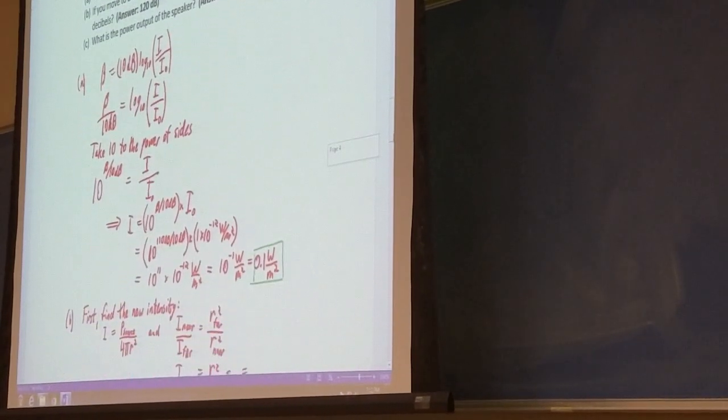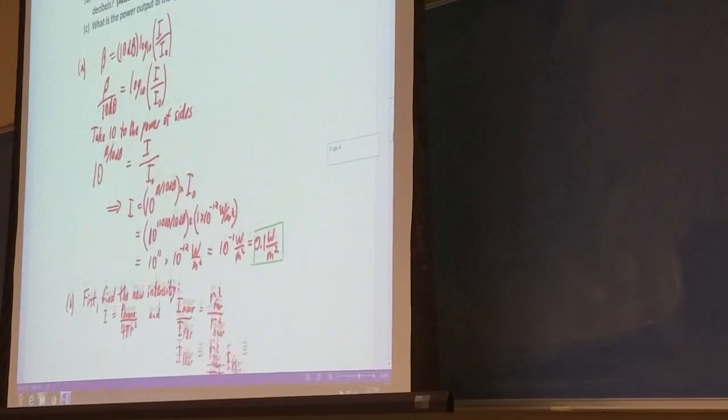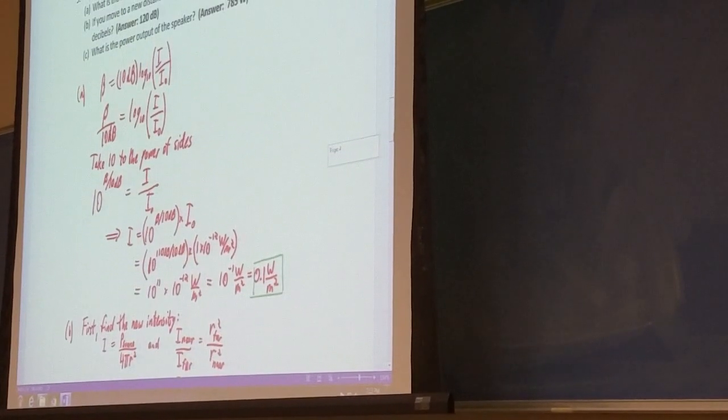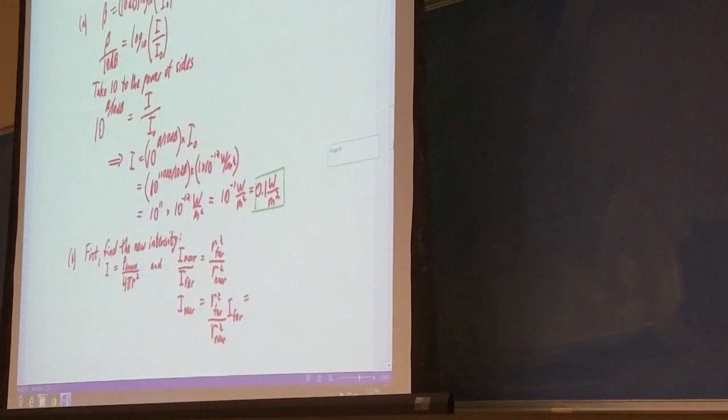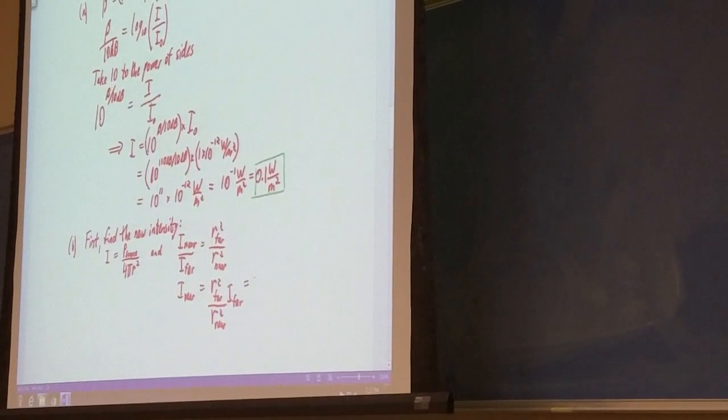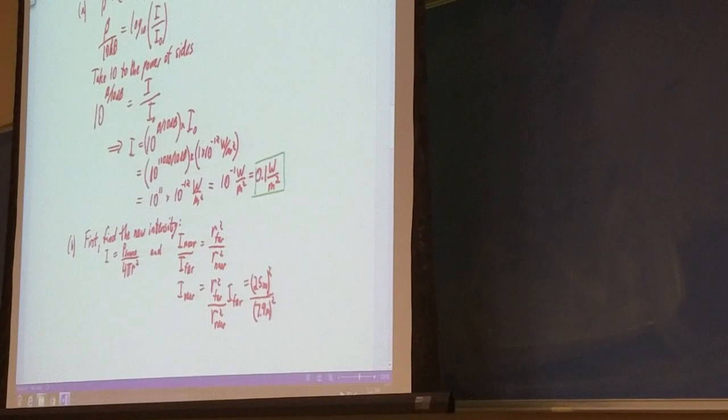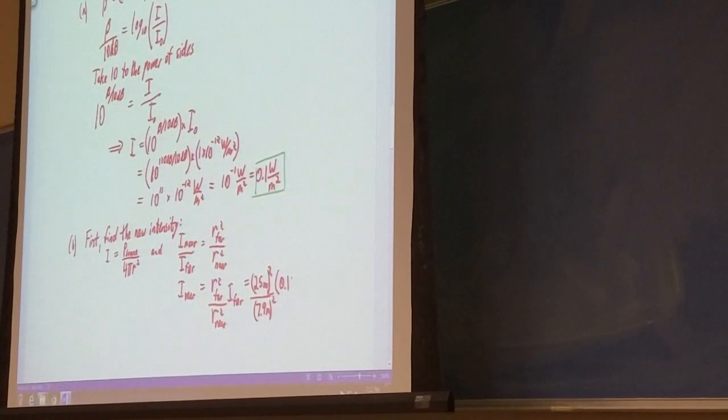Okay, our R far is 25 meters, our R near is 7.9 meters. So we have 25 meters squared divided by 7.9 meters squared multiplied by the intensity at the greater distance, which is 0.1 watts per meter squared.